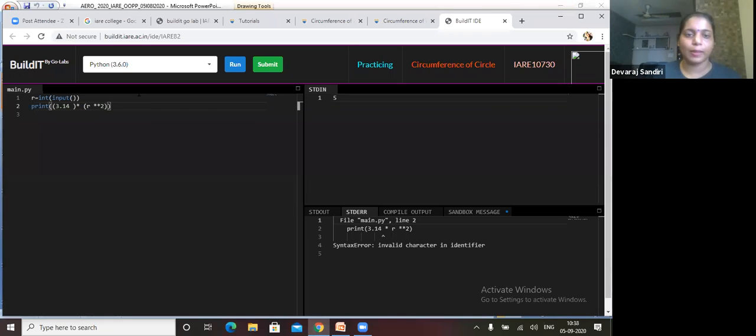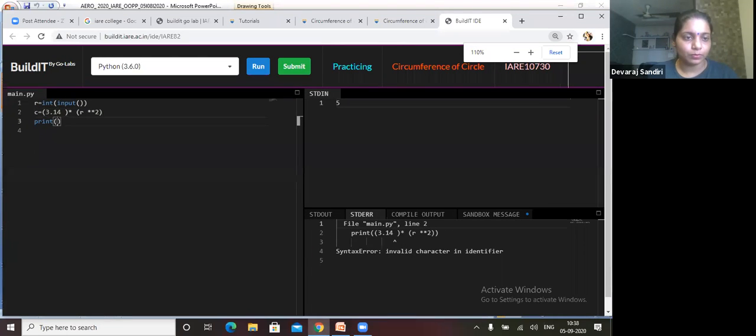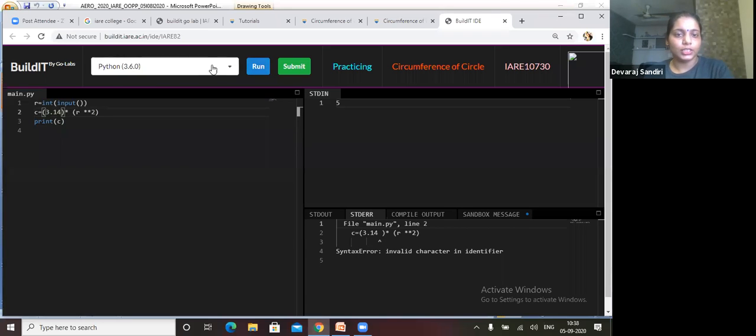Hence, line to print R. Okay, 1 minute. Next. Yesterday it was running, what happened today?